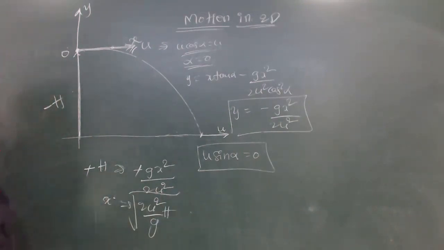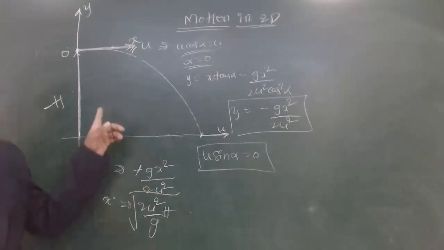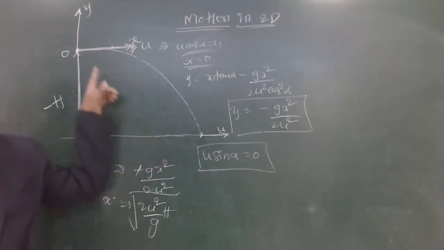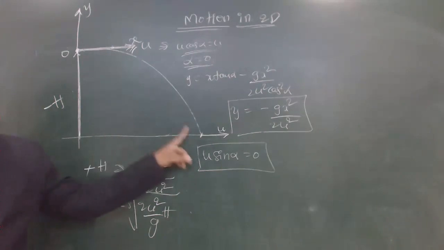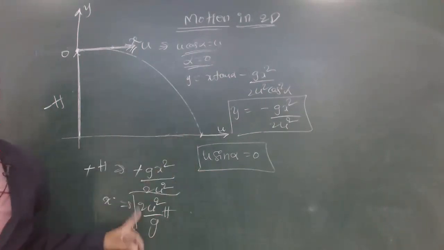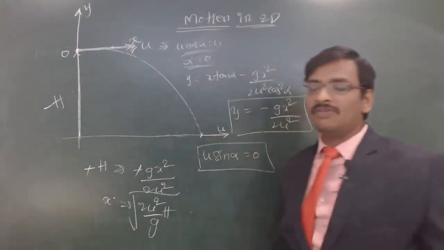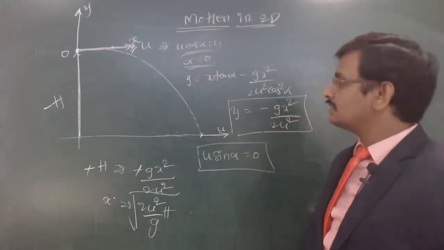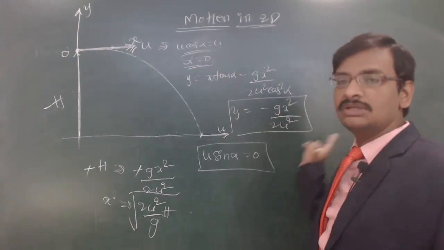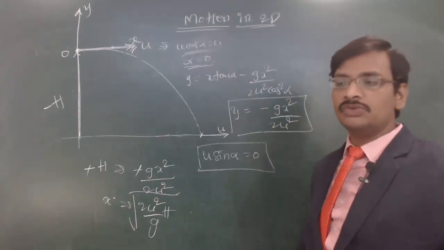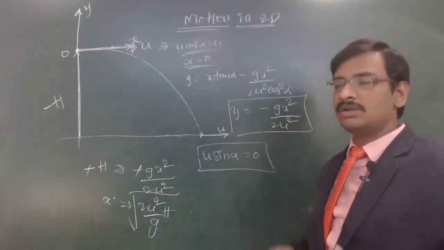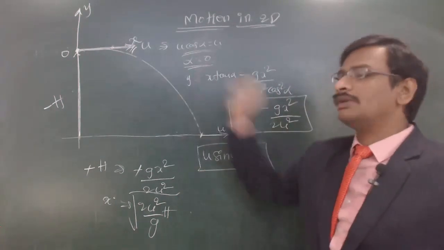Got it? So this value is nothing but the place where the particle travels a height of minus h and hits the ground, which is given by this relation. Got it? So whatever the kind of projection, the formulas we have used are the fundamental formulas which you can use at any instant based on your convenience, but you have to consider them appropriately.